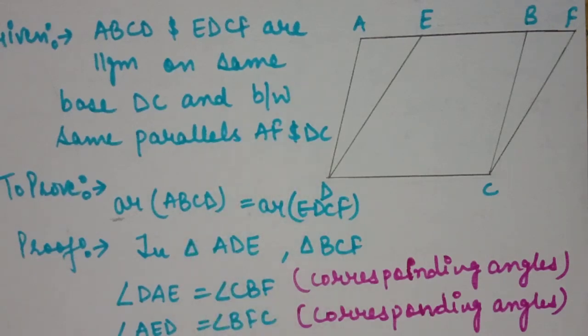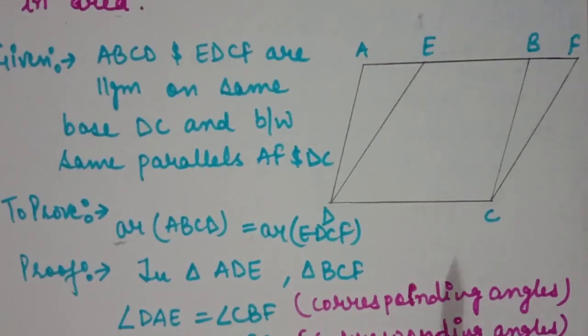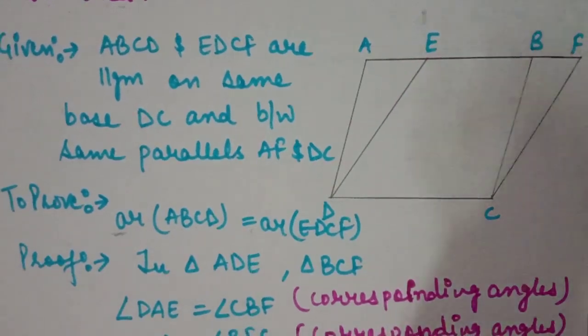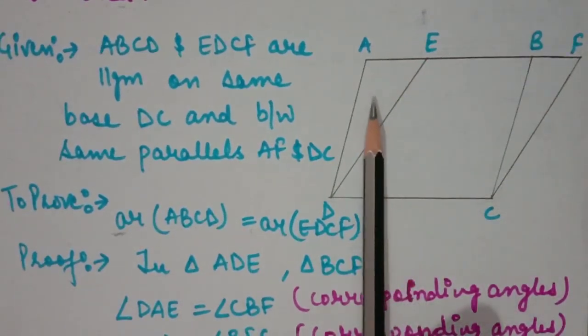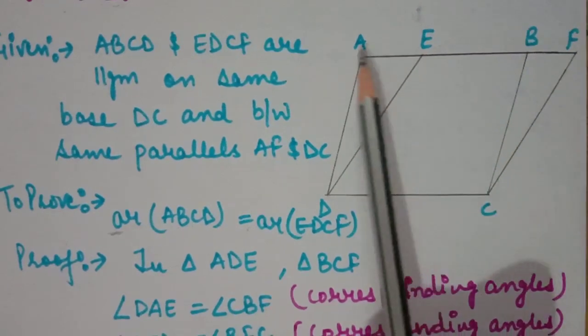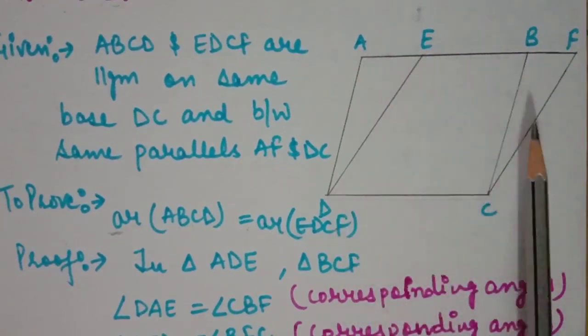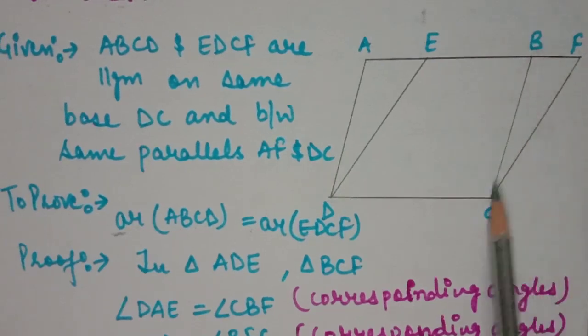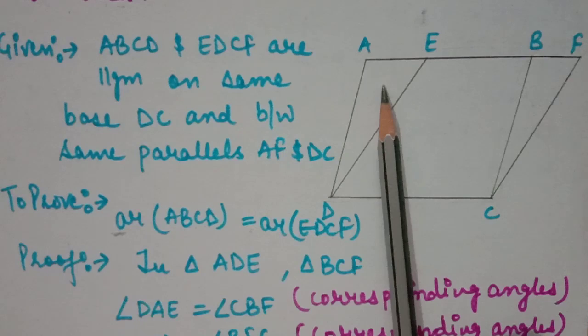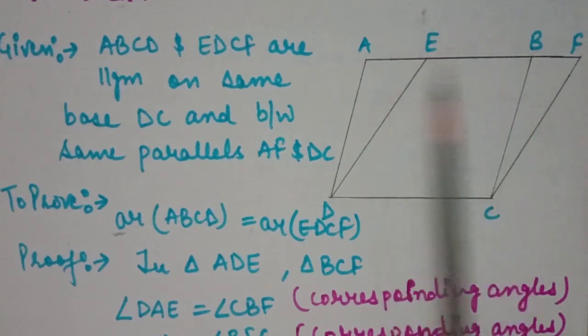So students, for this proof, first of all I will take these two small triangles, triangle ADE and the second triangle BCF. In these two triangles, first of all I am going to prove congruency.